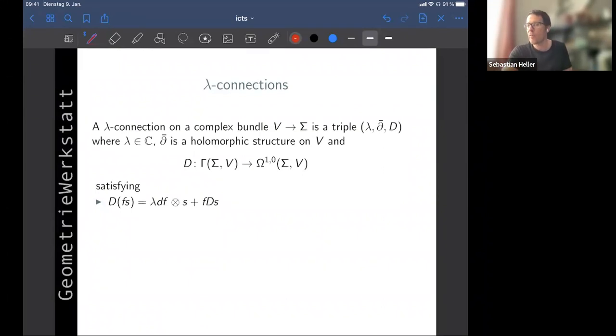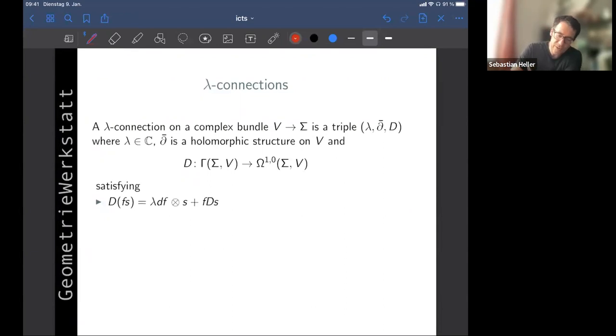So if you think of a holomorphic bundle as a bundle whose transition functions are given by holomorphic cocycles, this has a natural del bar operator. And conversely, if you have some such del bar operator, so the 0-1 part of a connection, this gives you a holomorphic vector bundle structure. So it gives you cocycles which are holomorphic. So in that sense, it's a good notion.